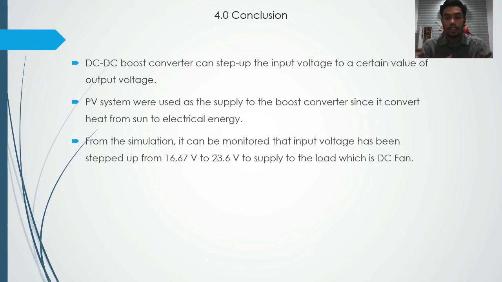From the simulation, it can be observed that the input voltage has been stepped up from 16.67 volt to 23.6 volt to supply the load, which is the DC fan, connected in parallel with the resistor. I think that's all for my part. Thank you.